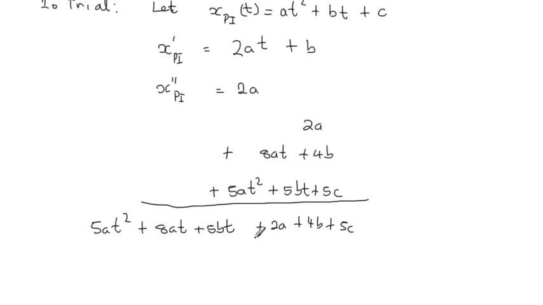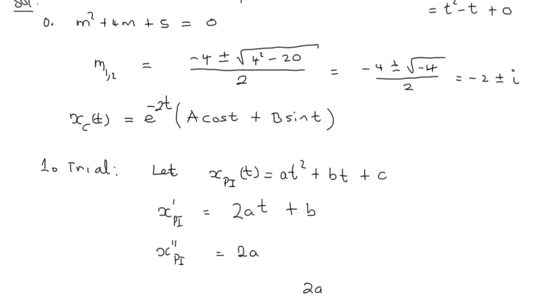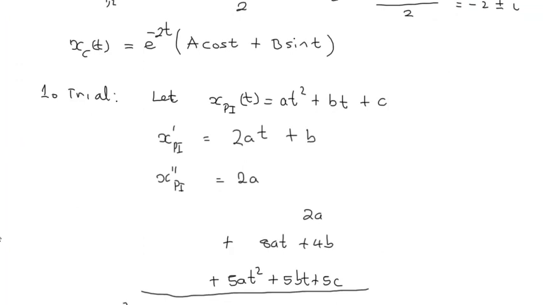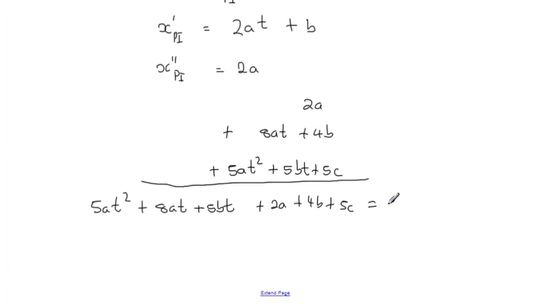So this is the left hand side of the differential equation, and the right hand side is given here as t squared plus 5t plus 20. We expect that equation to balance because we assume that the particular integral is a solution.